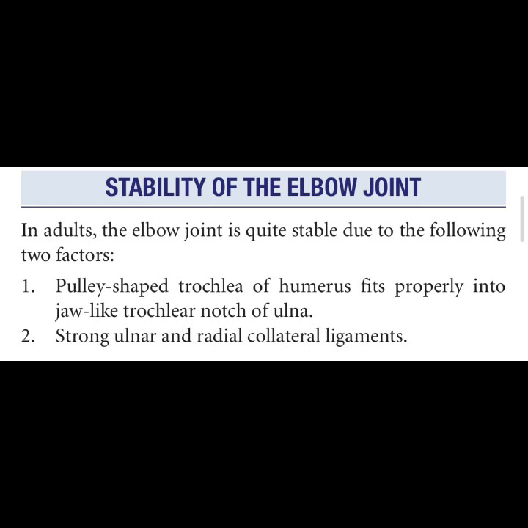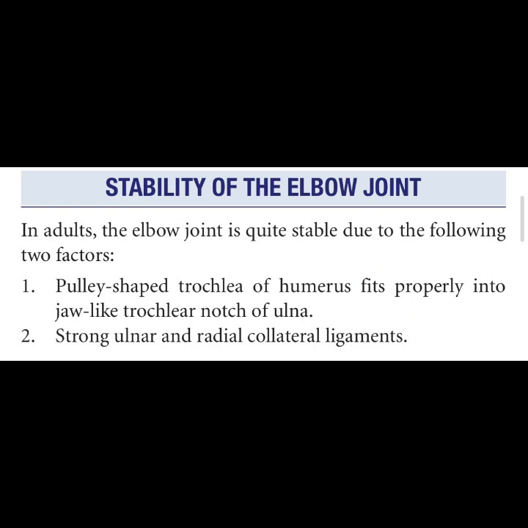So first of all, muscles contribute to stability. The radial and ulnar collateral ligaments contribute to stability, preventing excessive movement in all directions. And the particular part that I want you to know about this elbow joint is the pulley system of the trochlea.